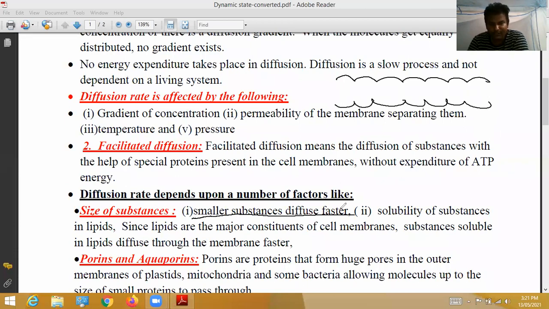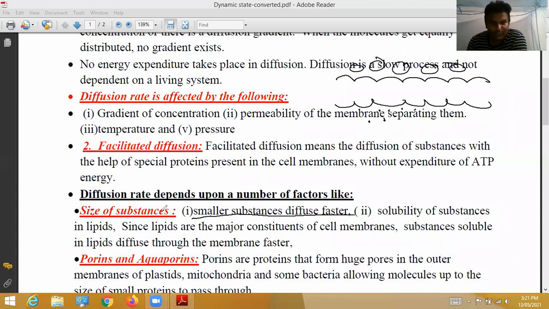For example, particles this large cannot be transported through the cell membrane.